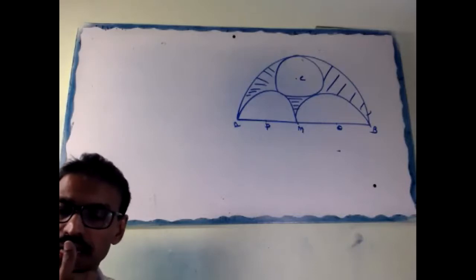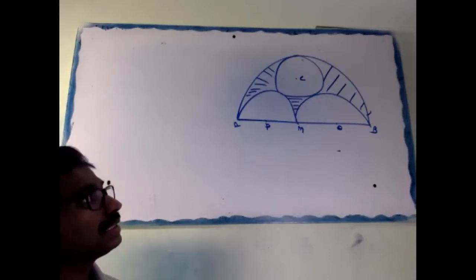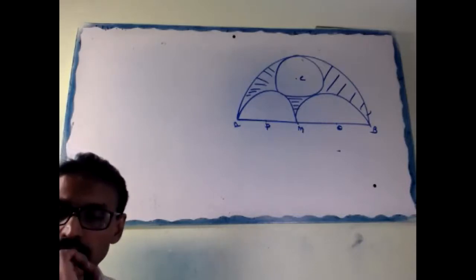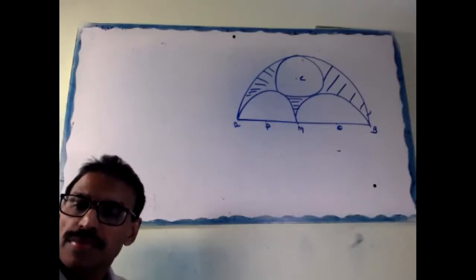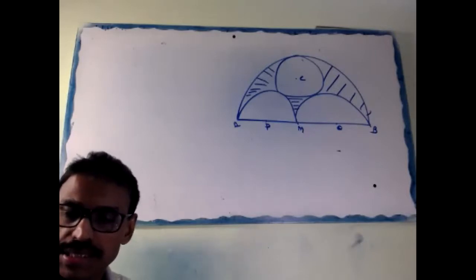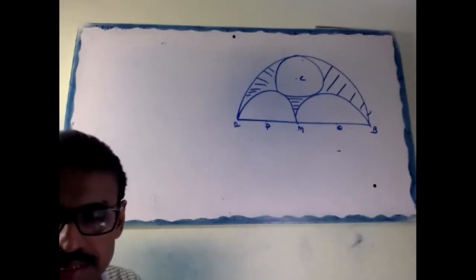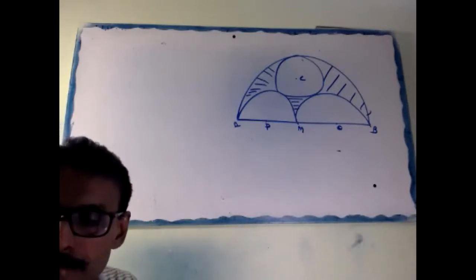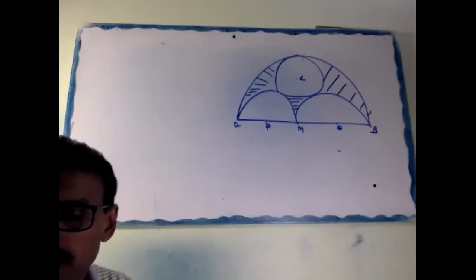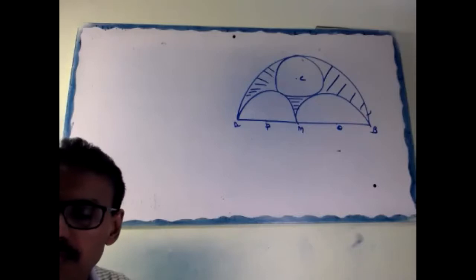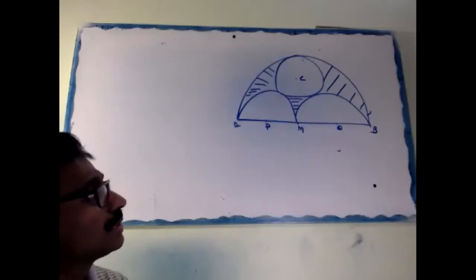Radius, M through C. Okay. Any other suggestions? Come on, how to get the radius? Only two suggestions I got: one is join ABC, the next is join MC.